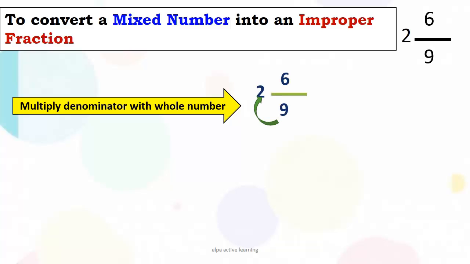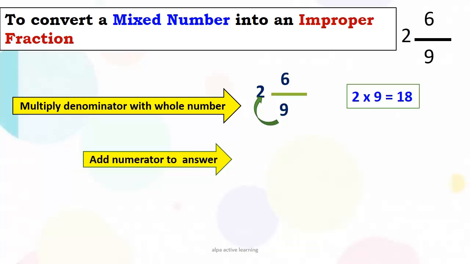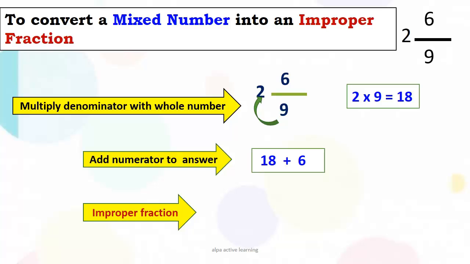So here we have to multiply 9 into 2. So how much? 18. Now second step, add numerator to the answer. So 18 plus 6. How much children? It will be 24. So now we'll write the improper fraction is 24 upon 9.